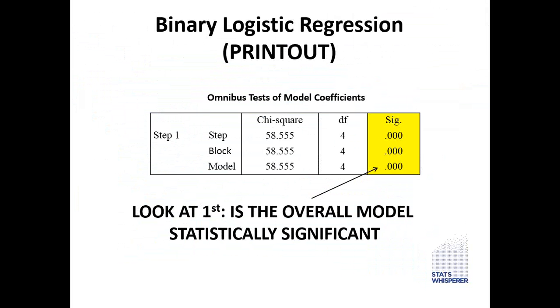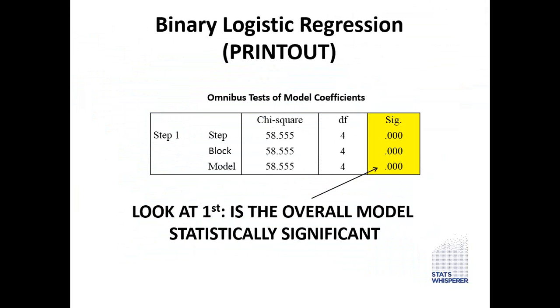Kind of like the regression model, the linear regression model rather, the first thing we want to look at is whether the entire model is statistically significant. So you look at the coefficients, again the final column labeled SIG.